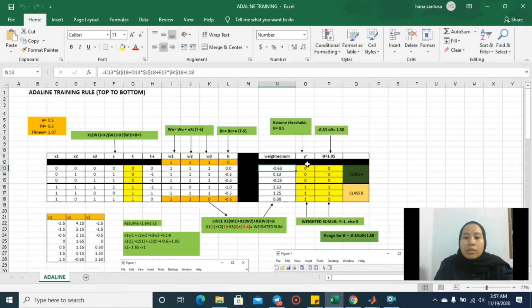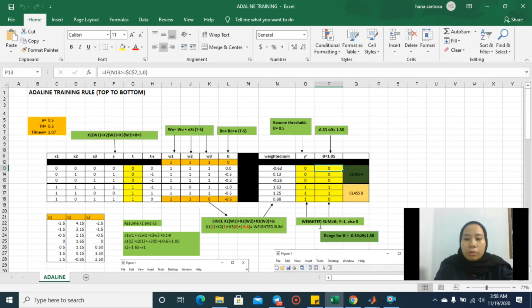This is y prime. Y prime is the same as t to get 100% accuracy. This is the value of theta.